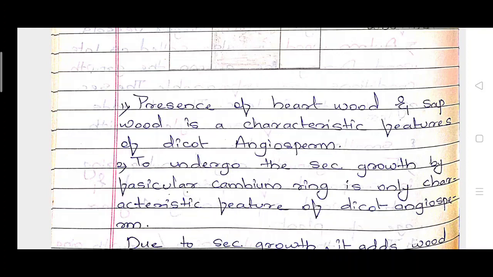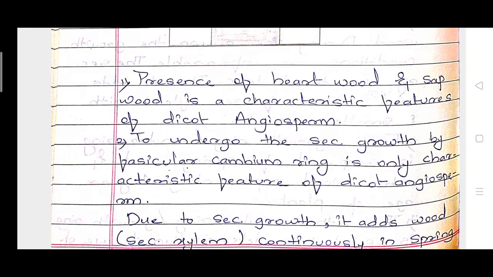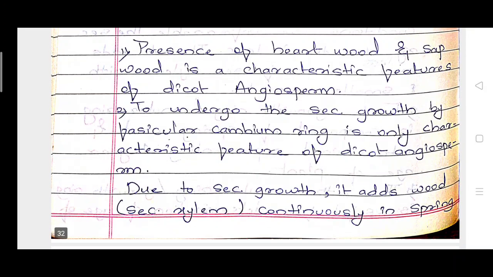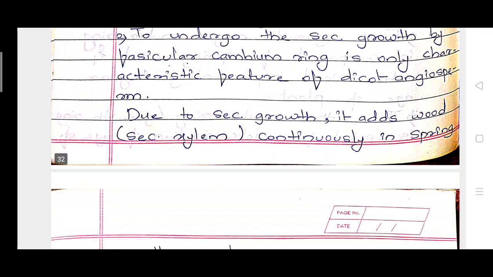So this is a characteristic feature of the dicot angiosperm. In angiospermic plants, secondary growth takes place by the formation of the fascicular cambium rings.